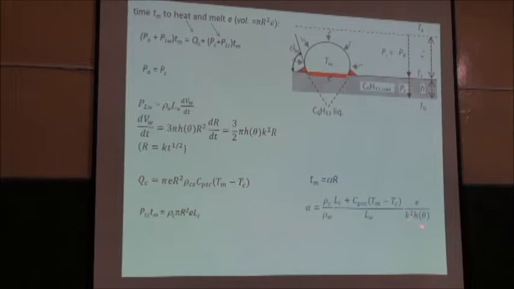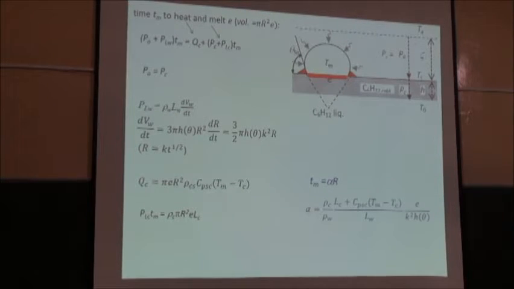So you see that's nice because you have the ratio of density and the ratio of latent heat. Of course, the latent heat of water is much larger than the latent heat of cyclohexane. That's a factor of 2 to 5, I think, not too much. And that's because the latent heat of water is mainly used to heat and melt the layer.